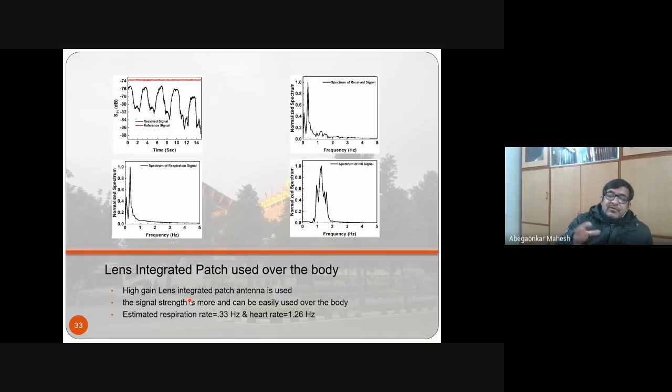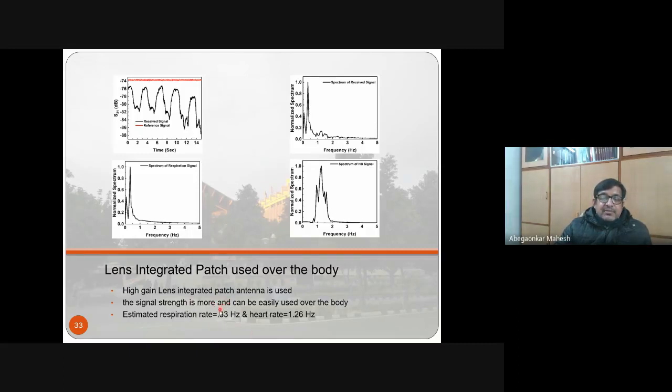Based on the chest movement, the antenna will communicate with the off-body link, or the laptop or your mobile handset. That's how we got the estimated respiration rate of 0.33 Hertz and heart rate of 1.26 Hertz.